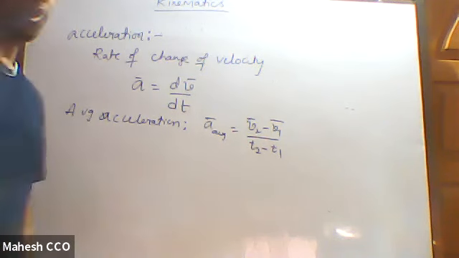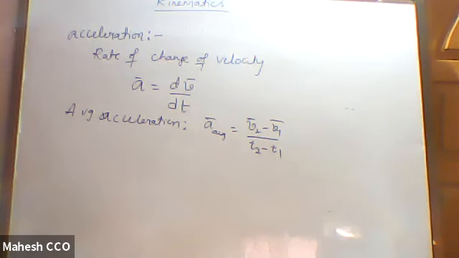We have also discussed average velocity, average acceleration, and average speed. As you know, distance, speed, and average speed are scalars. Displacement, position, velocity, average velocity, acceleration, average acceleration, all these things are indeed vectors.